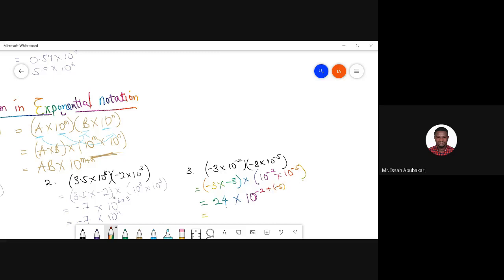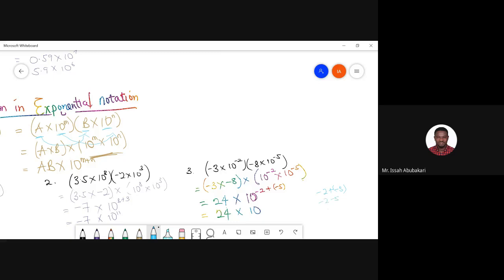And at the end, we're going to get 24 multiplied by 10 power minus 2 plus minus 5 will give us what? Minus 2 plus minus 5 should give us what? If you can remember, anytime a negative meets positive, it becomes what? Negative. So we are going to have minus 2 minus 5.